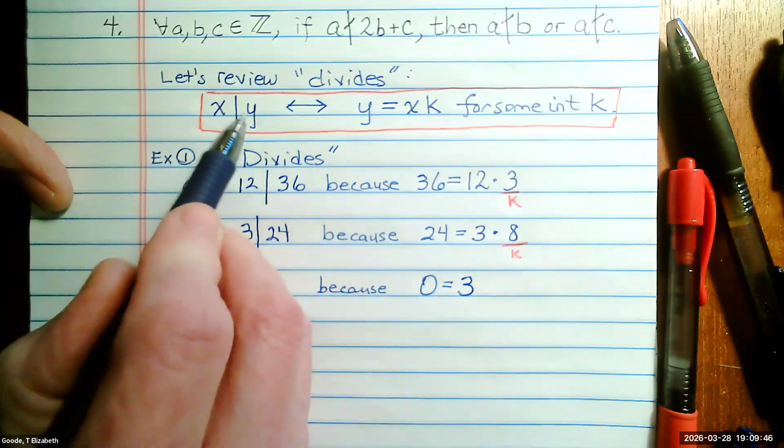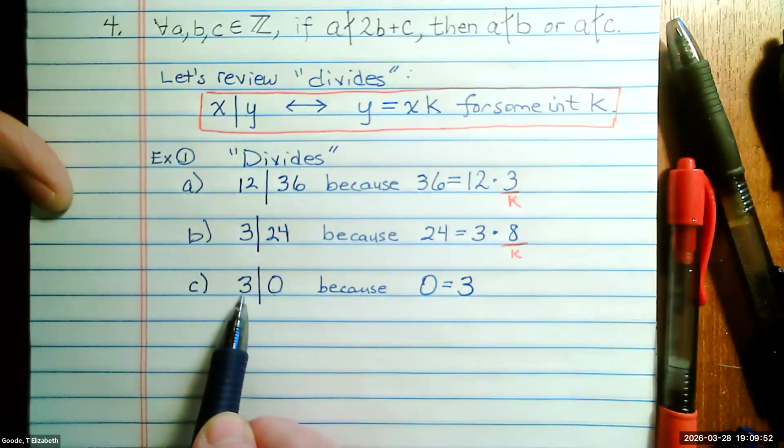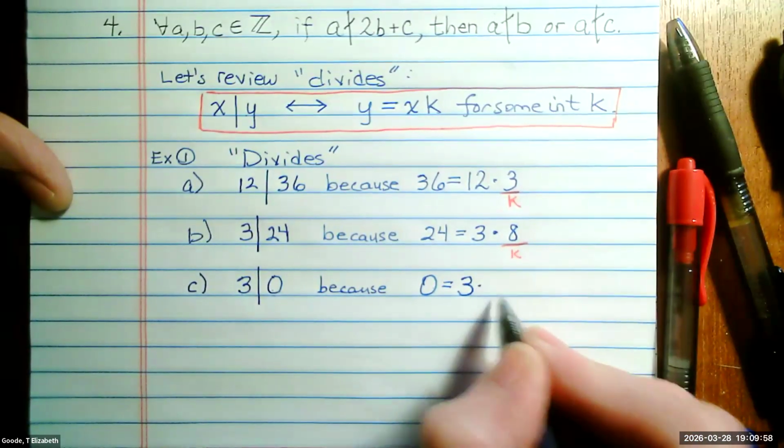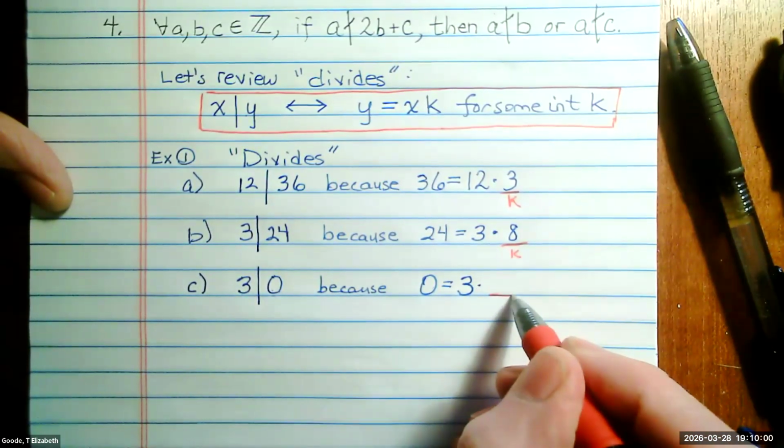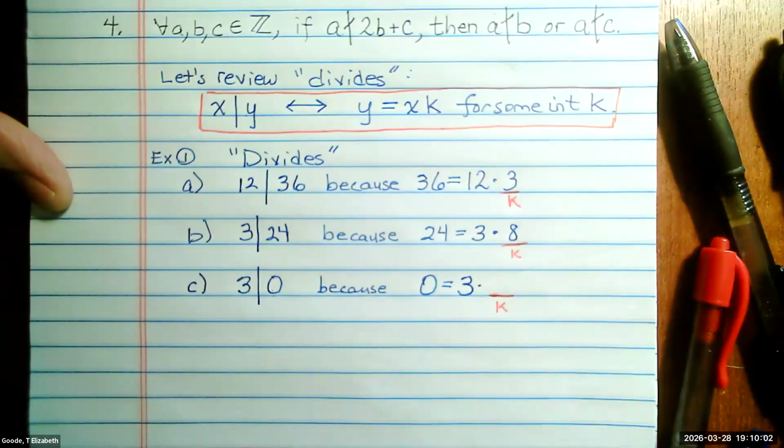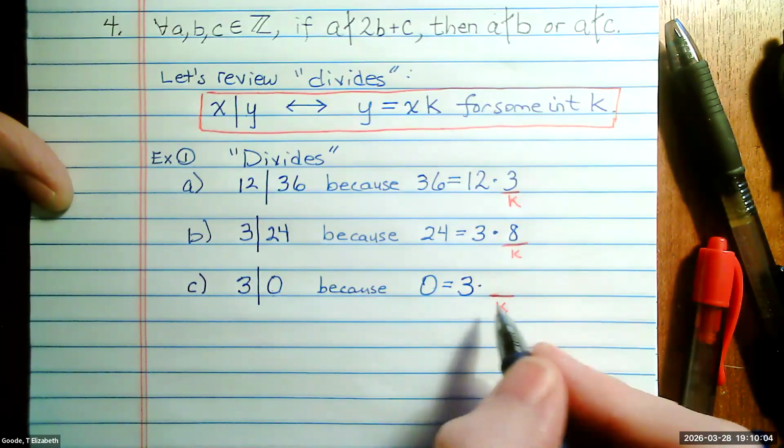So 0 is our y. This is the one time the y can be smaller than the divisor x. What do we have to multiply this 3 by? In other words, what's our k that's going to make this a true equation? Multiplied by 0. Yep.